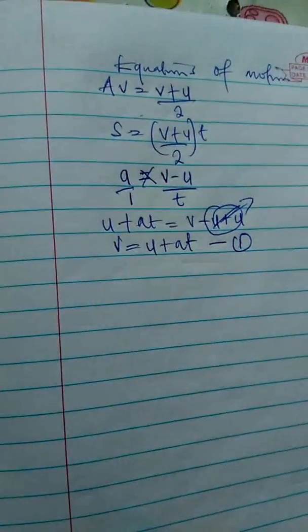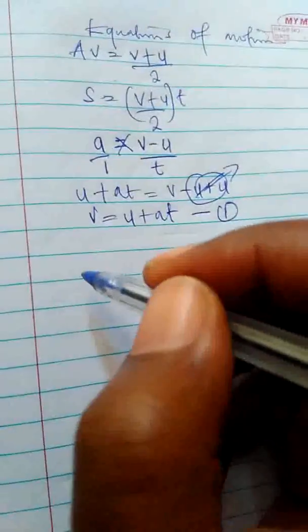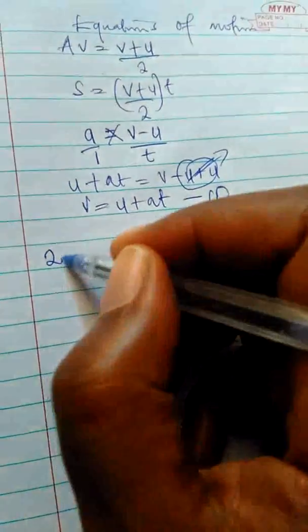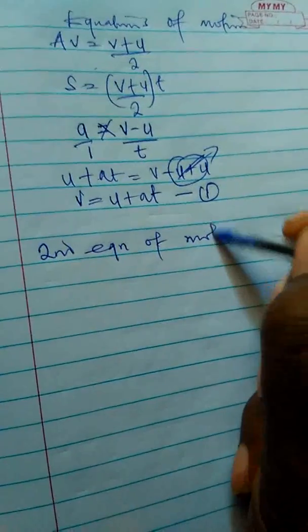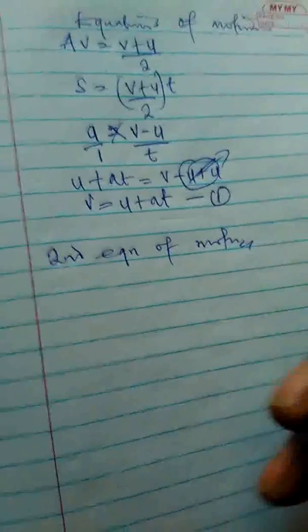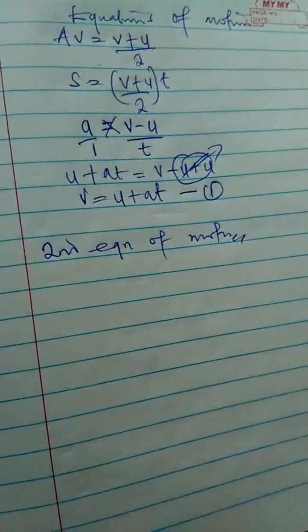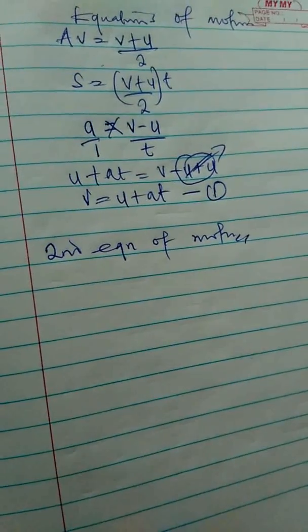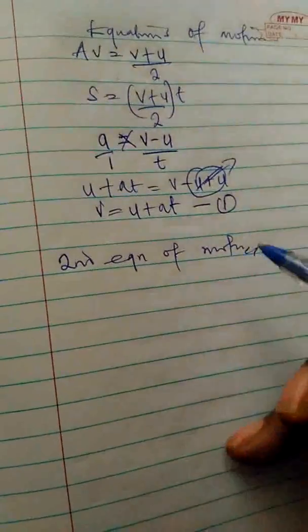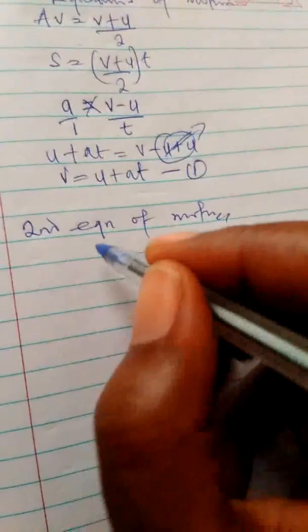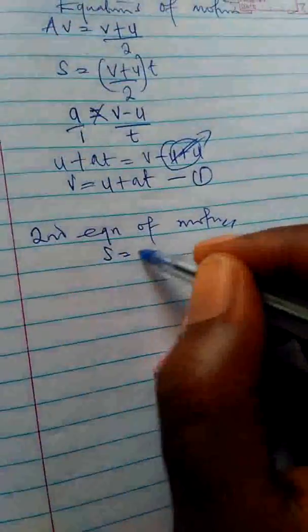So from this first equation of motion, I'll be moving to get the second equation of motion. Now I know the value of my V to be U plus AT. So I'll go back to that same equation. S is equal to what?